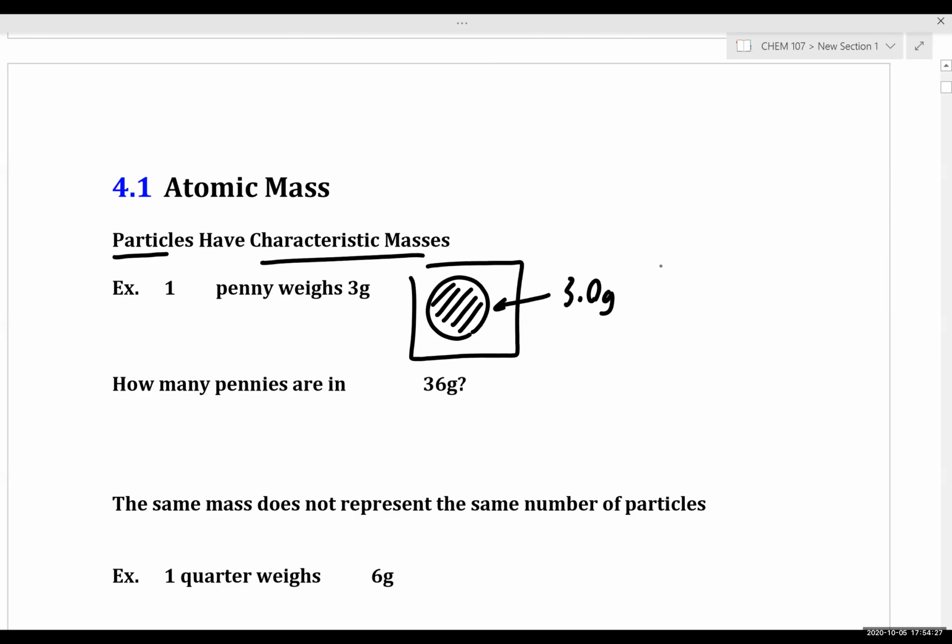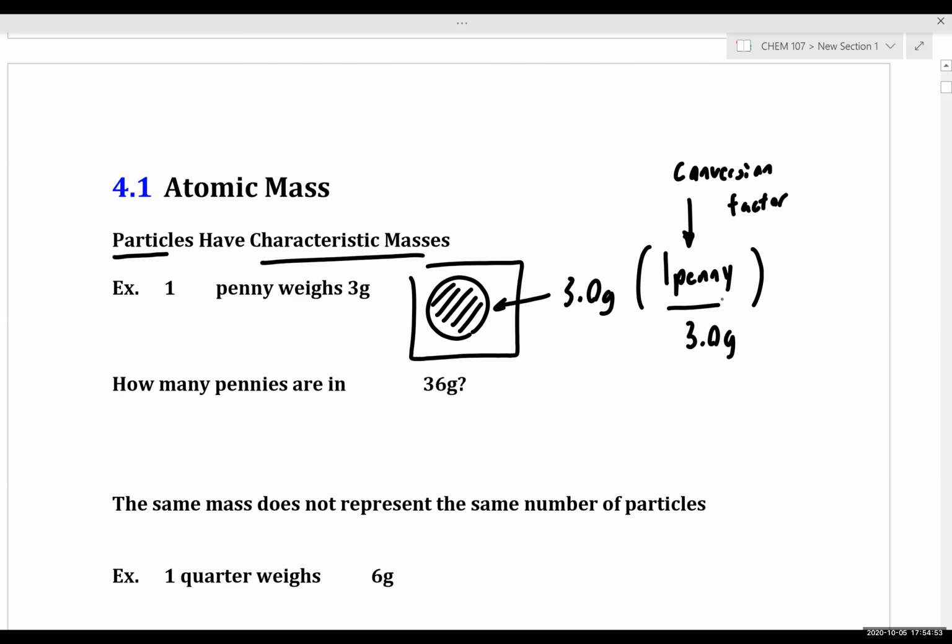So I can say 1 penny corresponds to 3.0 grams, right? Based on the mass of a single particle, I can make a conversion factor. So I know that in every 3 grams, I have 1 penny, right?